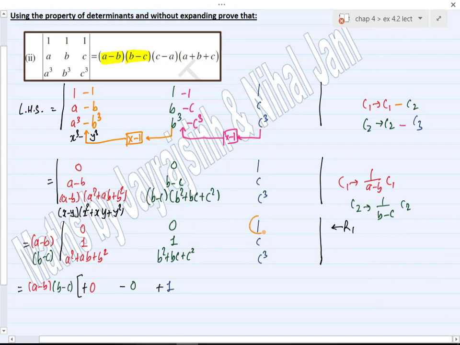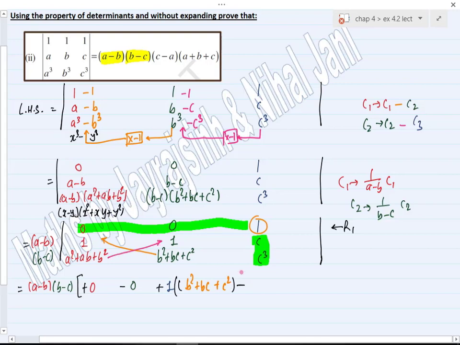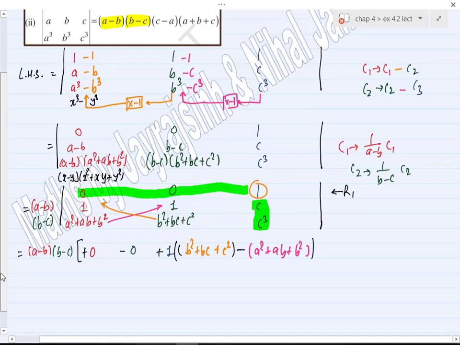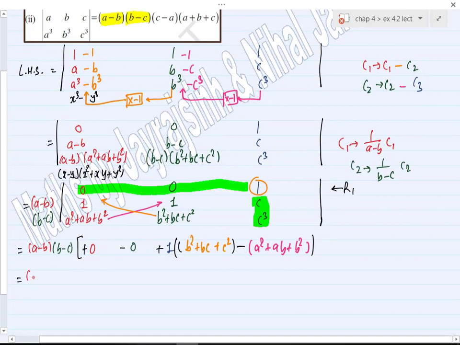Let's find out the minor of 1 by ignoring its row and its column. So now cross multiply. B square plus bc plus c square ones are square plus bc plus c square, then minus a square plus ab plus b square ones are. Now let's simplify. This a minus b and b minus c will be as it is.